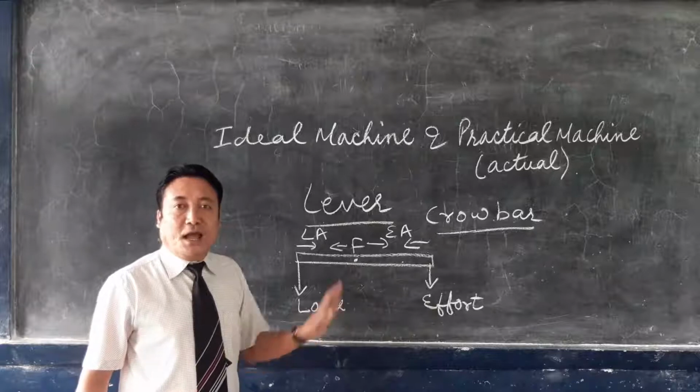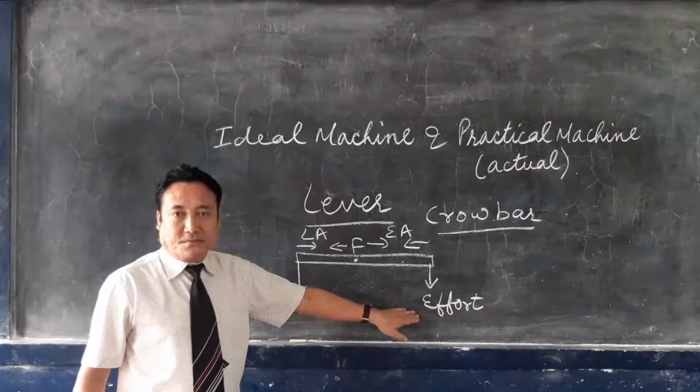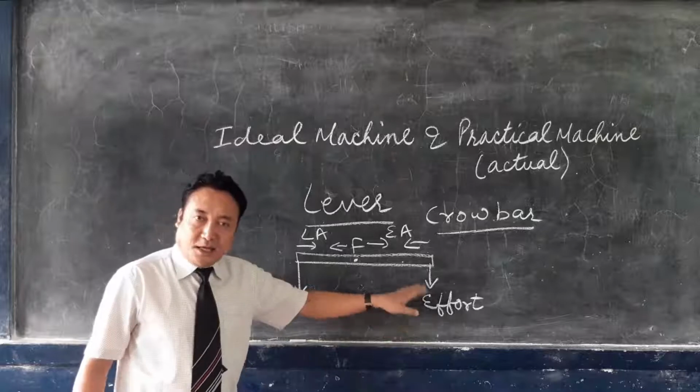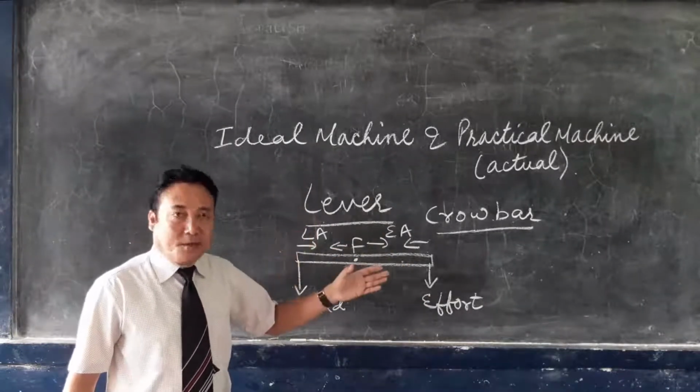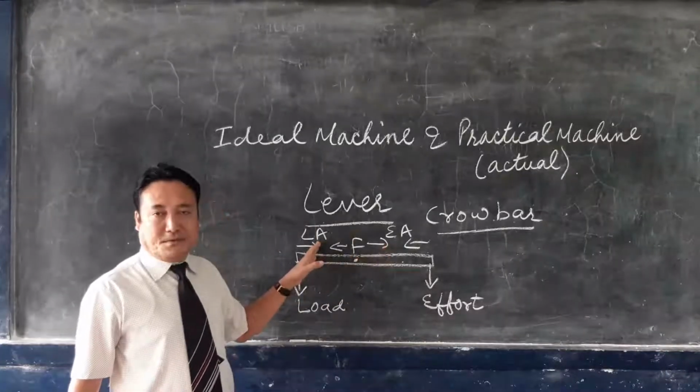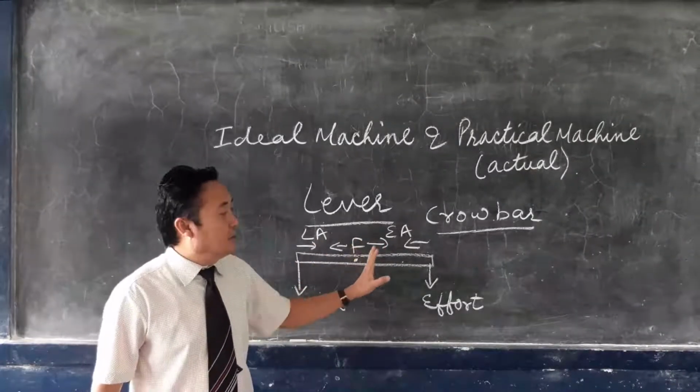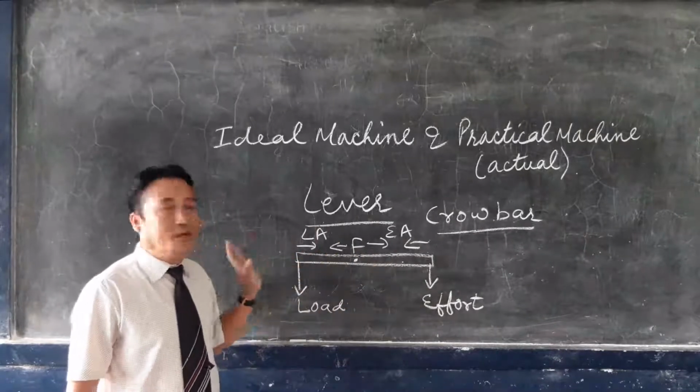How much effort you will apply depends upon the effort arm and the load arm, that is, the distance from the fulcrum to the effort and the distance from the fulcrum to the load.